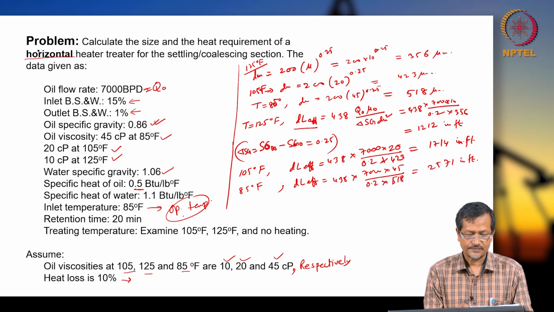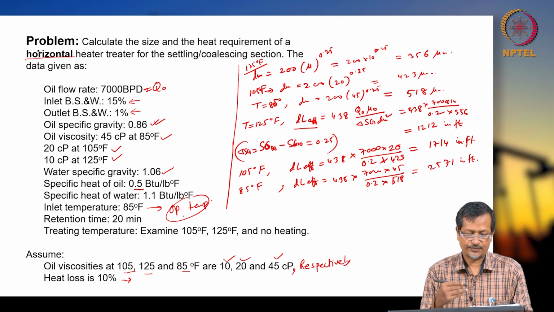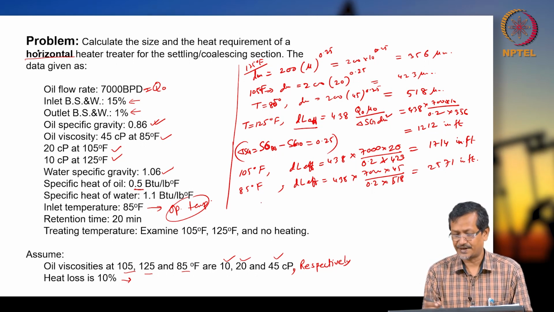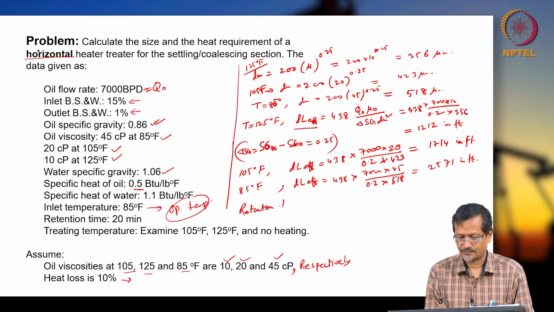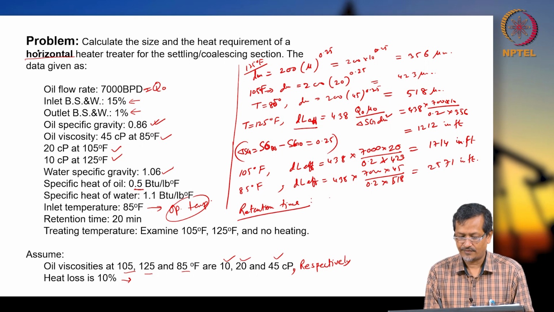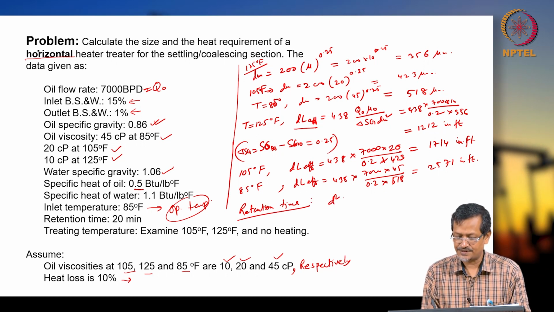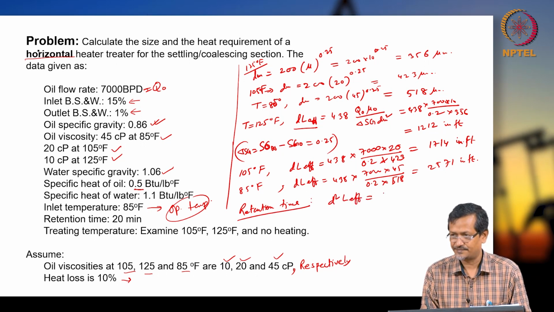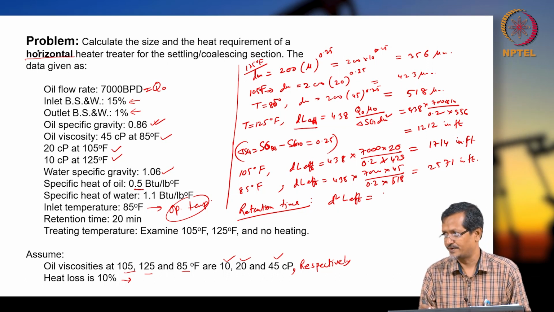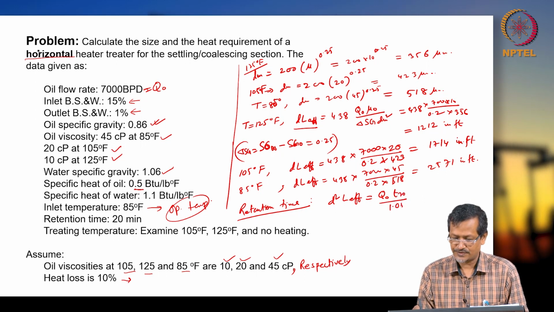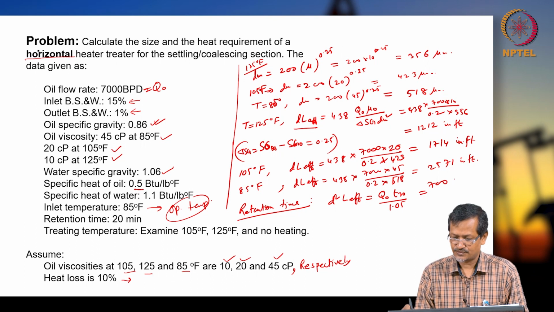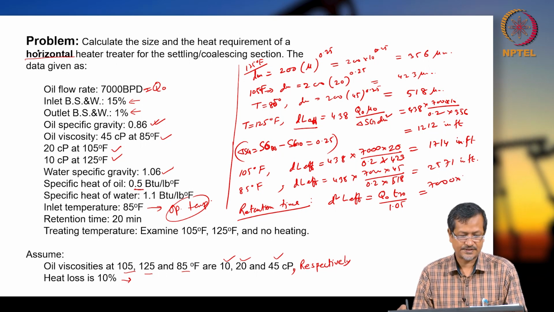Now you use the relationship for retention time. For retention time calculation, you can see this d square Leff formula is there. So flow rate Qo times tro divided by 1.05, 7000 into tro, which is given as 20 minutes.